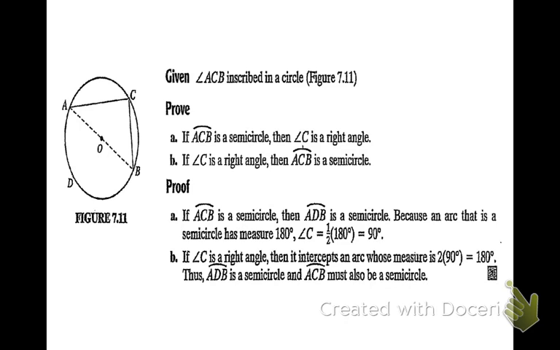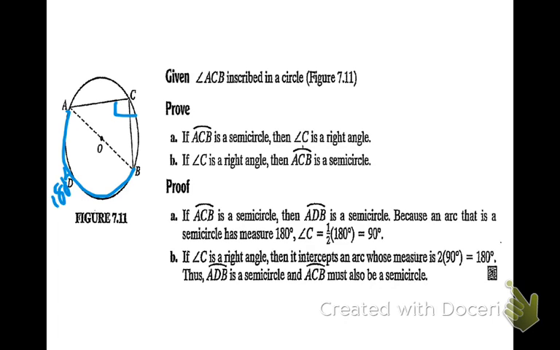If ACB is a semicircle, then ADB is a semicircle. This is a semicircle. Because the arc of a semicircle is 180, then the inscribed angle C would equal half of that. It would be 90.